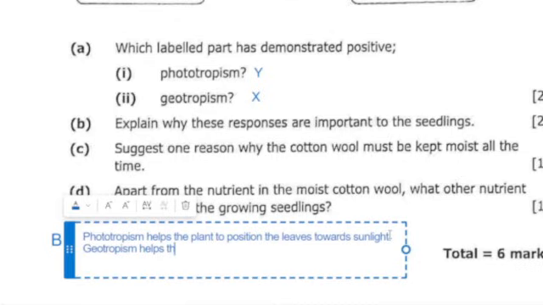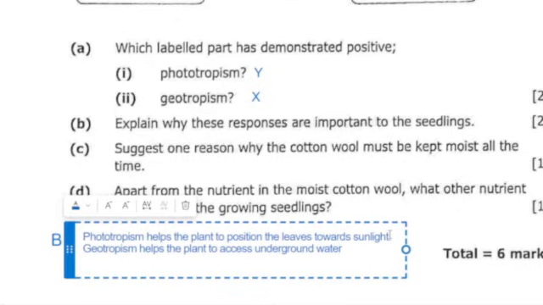helps the plant to access underground water.